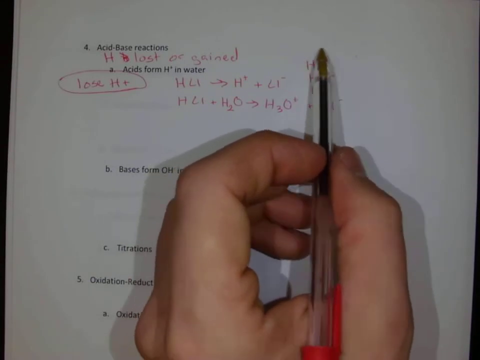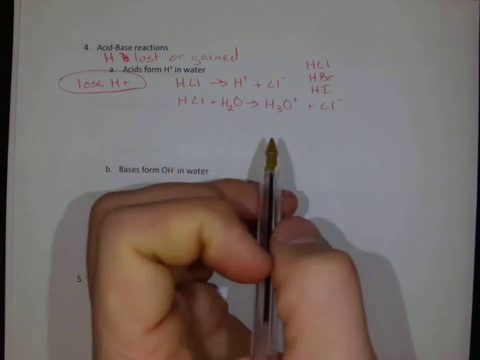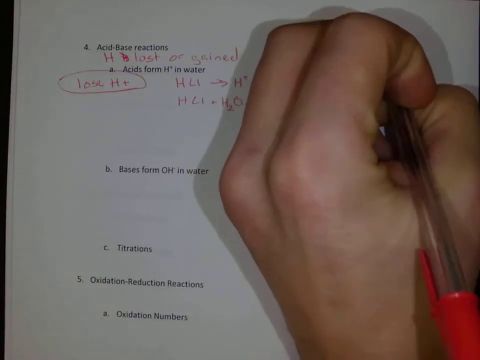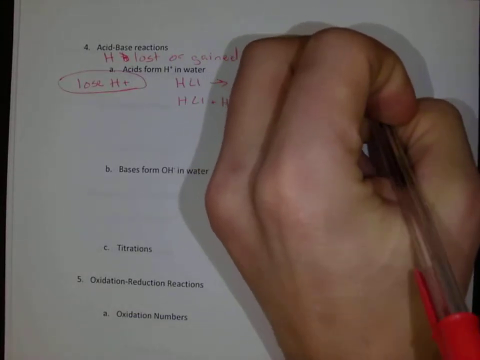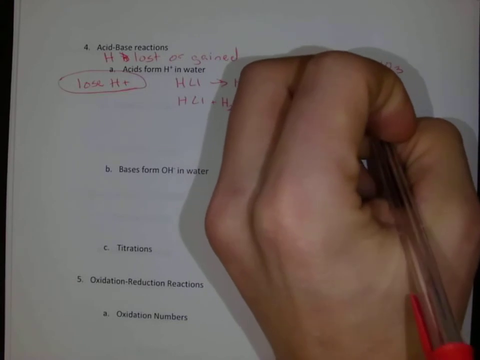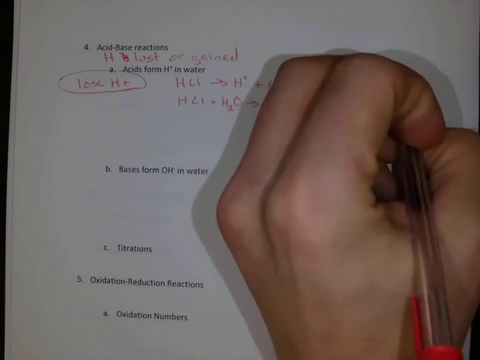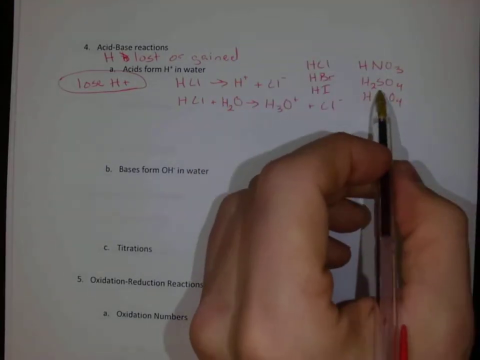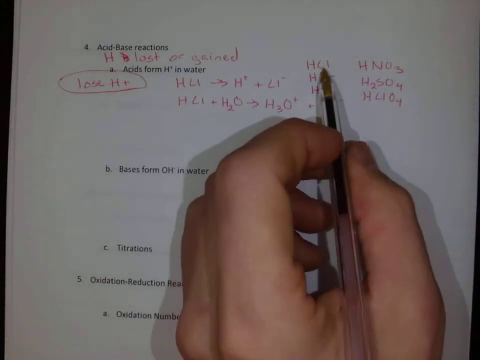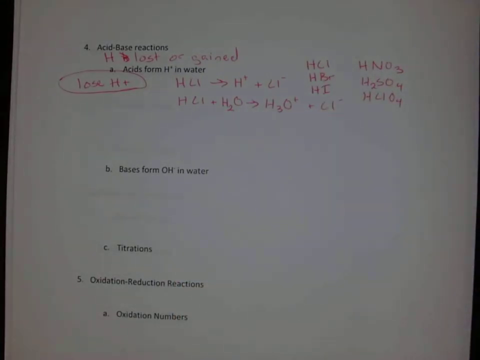HF is not a strong acid, okay? Our other strong acids would be HNO3, H2SO4, and HClO4. Okay, so perchloric acid, sulfuric acid, nitric acid, iodic, bromic, and chloric acid, hydrochloric acid.